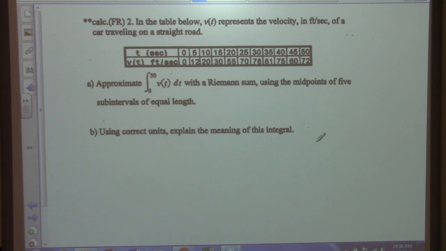You have the velocity of the feet per second. What is the meaning of the integral?